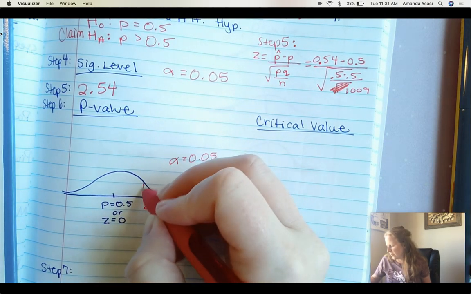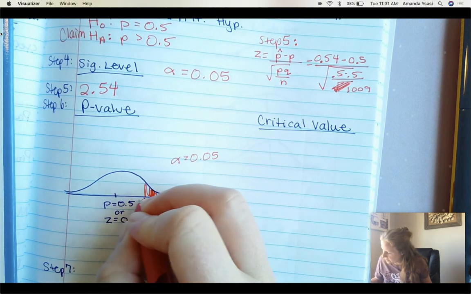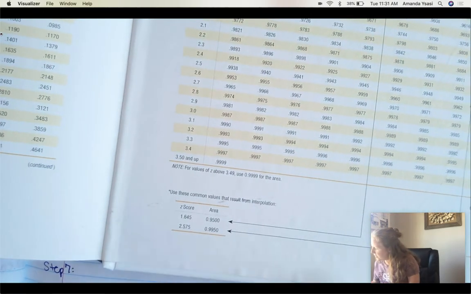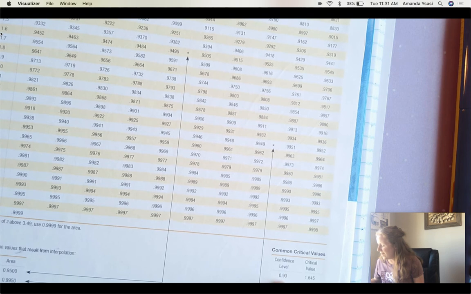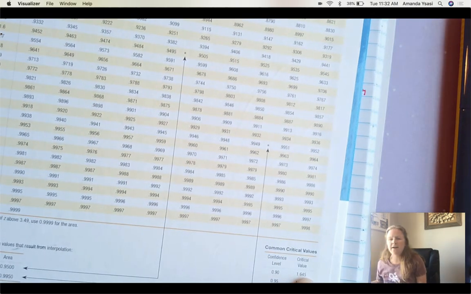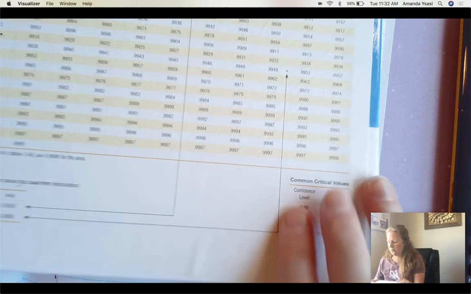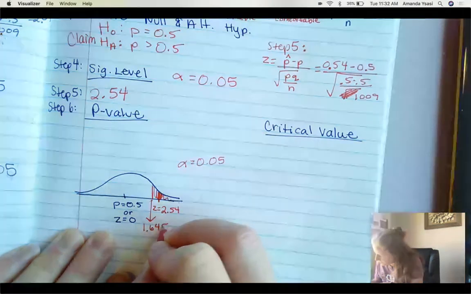What is this value? Is it over here? Is it here? Your critical value, we want 90%, right? Because you're going to have 5% on one side, 5% on the other. So that's 1.645. So this is 1.645.